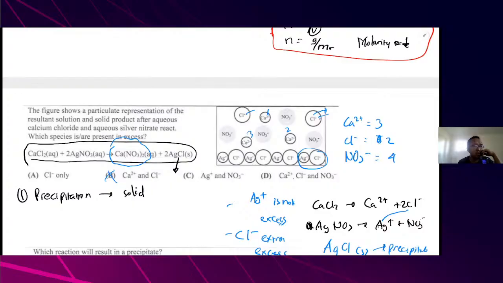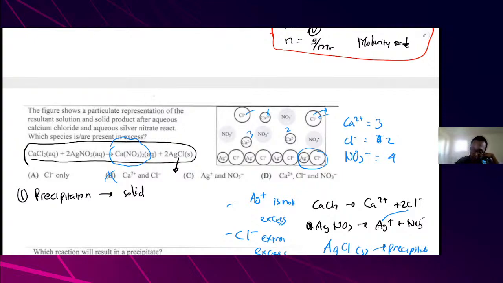However, the aqueous product calcium nitrate yields nitrate ion, exactly for each calcium nitrate.